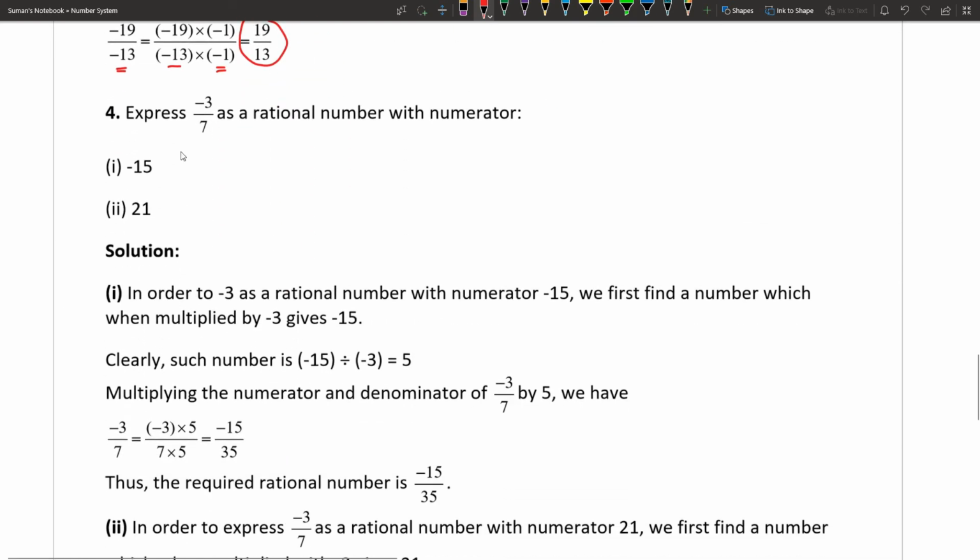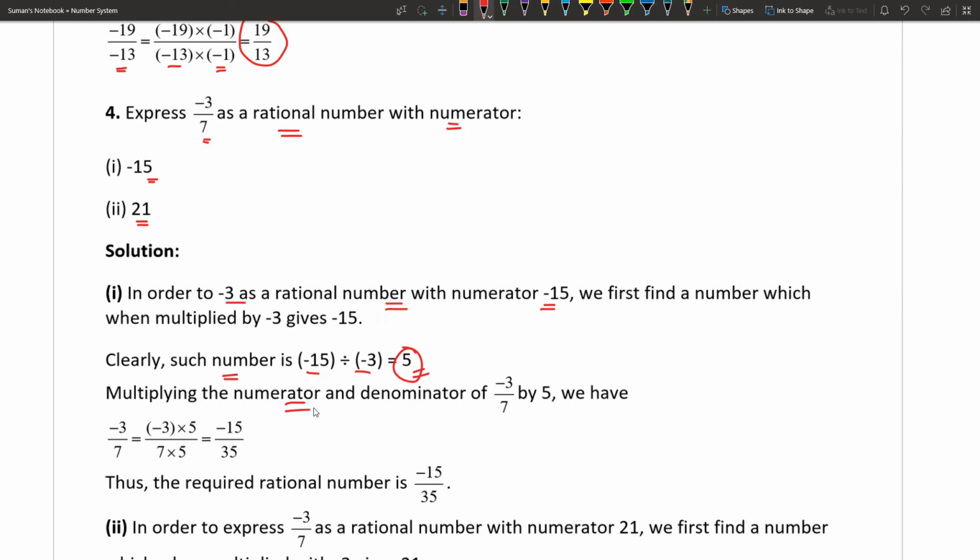Let's go to the next problem. Here we have to express minus 3 upon 7 as a rational number with numerator minus 15, and another one with numerator 21. For the first one, in order to write it as a rational number with numerator minus 15, we have to multiply by the value 5, and we can find it using minus 15 divided by minus 3, that is 5.